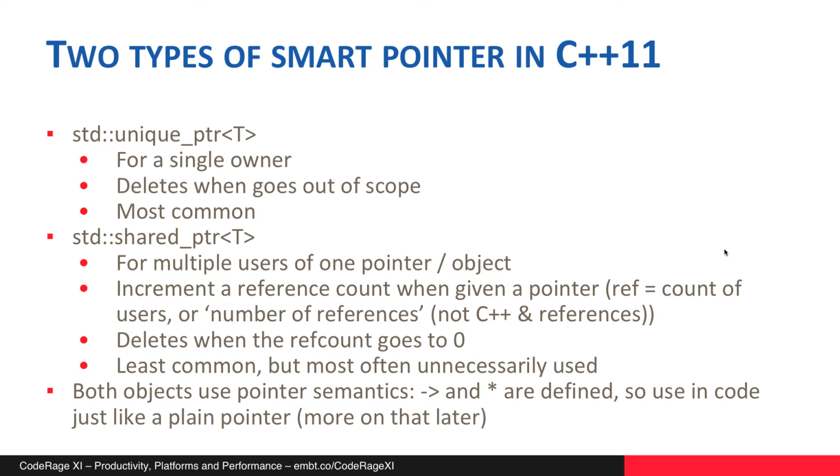So you can use them in code just like a plain pointer, and quite often they're just a drop-in replacement. If you are using raw pointers in your code and you want to improve your code quality by moving to smart pointers, which I strongly recommend, and which this entire presentation is trying to sell to you, in many cases you'll find they are a drop-in replacement. You won't have to change a great deal of your code.